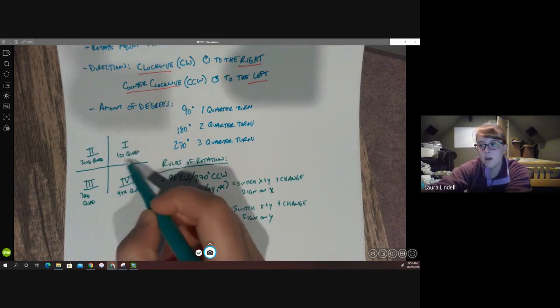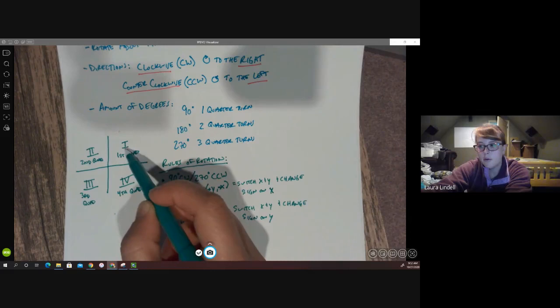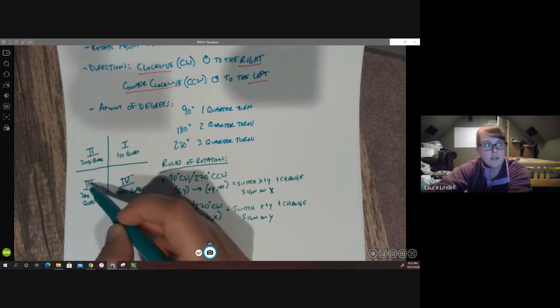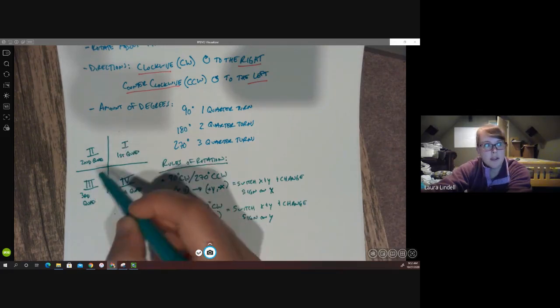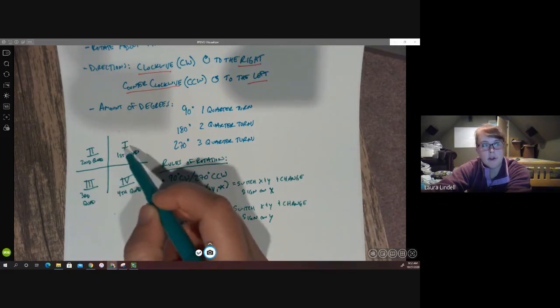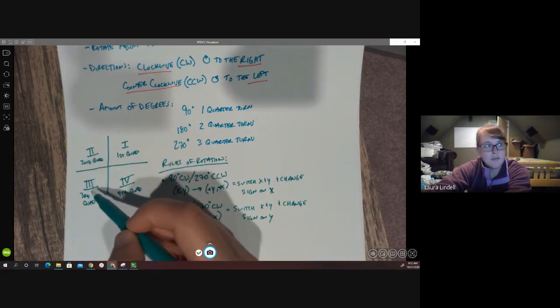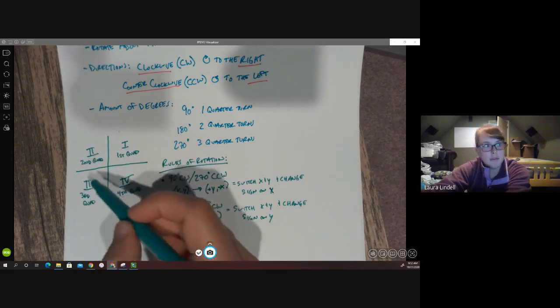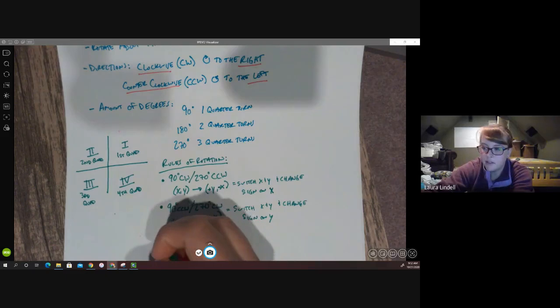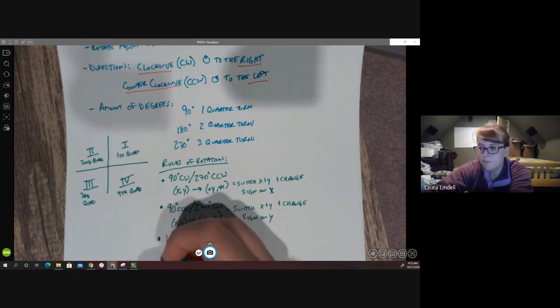If I'm in the first quadrant and I go 180 degrees clockwise, I go 2 quadrants to the right, and I end up in the third quadrant. If I'm in the first quadrant and I go 180 counterclockwise, I go 2 quadrants to the left, and I still end up in the third quadrant. So 180 doesn't matter which direction I go.